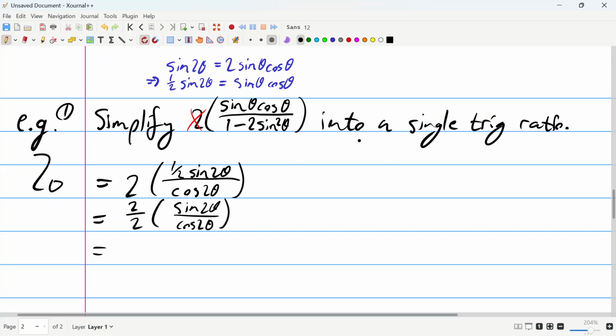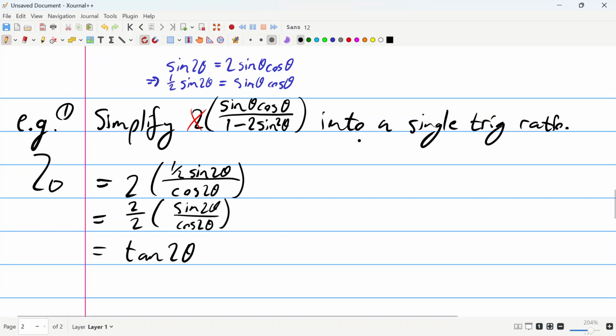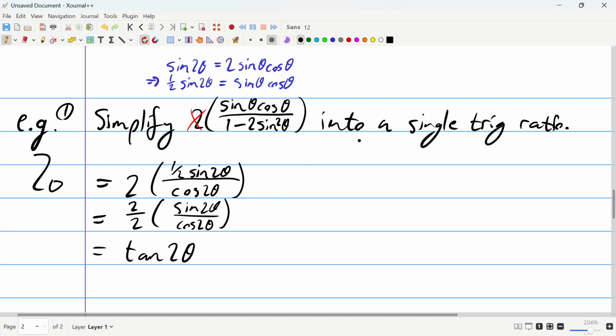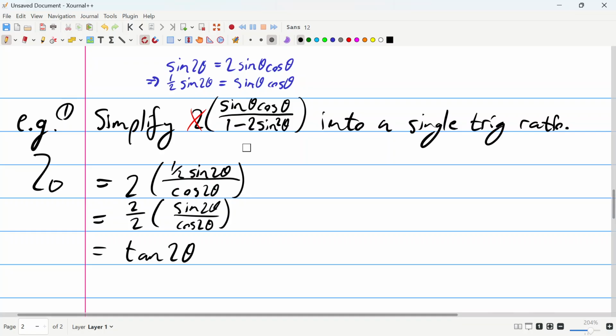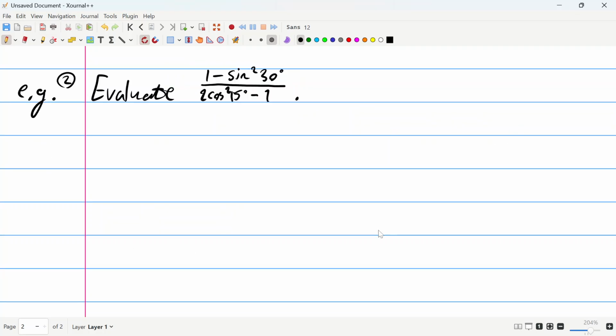And the 2's can cancel out, and then we're just left with sine 2 theta over cos 2 theta, which we can write as tan 2 theta. And there we go. We just did it into one single trig ratio. So just be careful in case you see something similar, and then you can be prepared the next time. Okay, let's go to the next example.